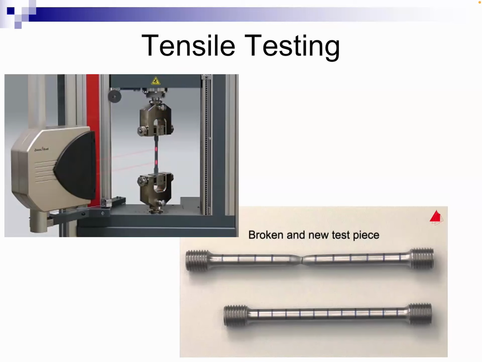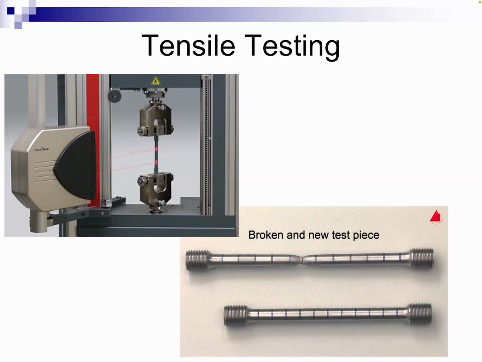The most common thing, tensile testing, means you apply tensile stress, and so you pull the ends of the steel rod. You have here a laser that measures the elongation, the corresponding strain, as you apply tensile stress at both ends of the rod.